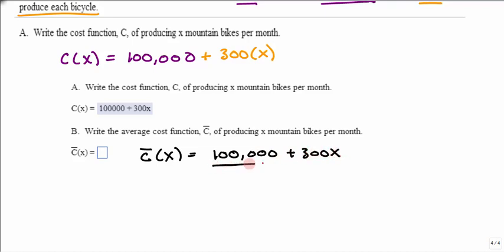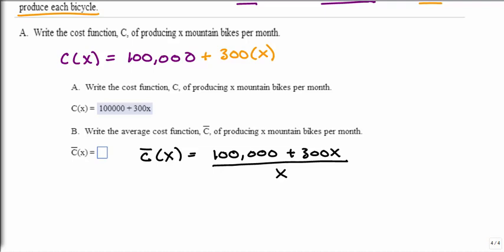And then I need to make sure that I remember to find the average, you have to divide through by the total number of values, or in this case, bicycles that were produced. So that would be my cost function. Now from here, it's going to ask me to interpret some of these cost function values. Remember, in my numerator, I have 100,000 plus 300x.